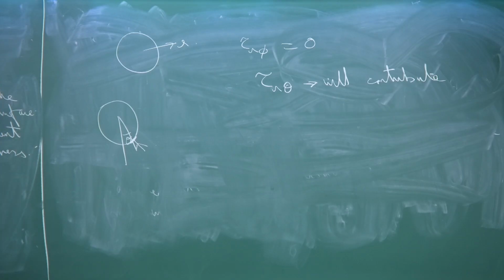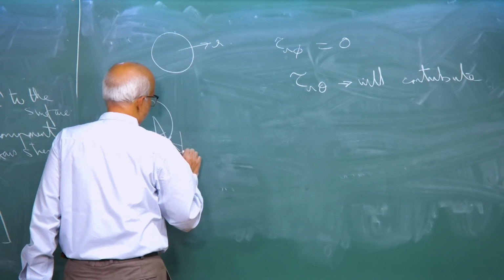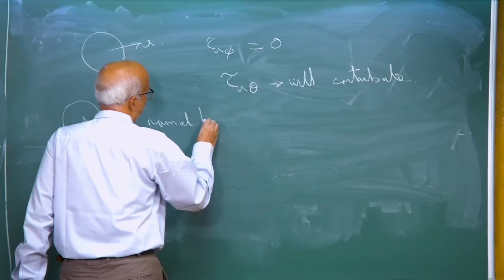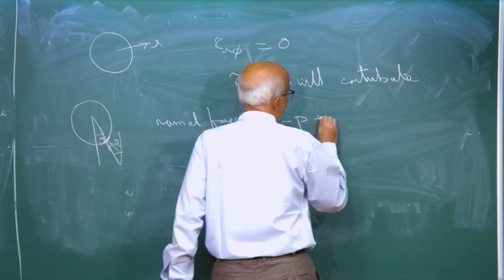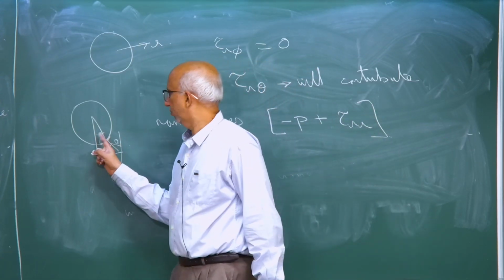What is going to be the vertical component of this force? The normal forces will contribute minus P plus tau rr times what, sine or cosine?